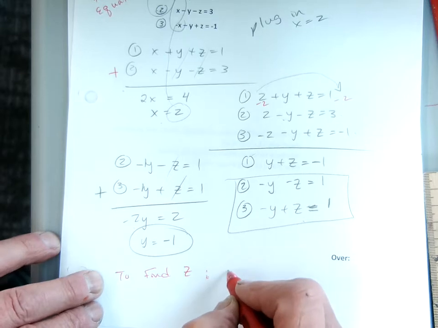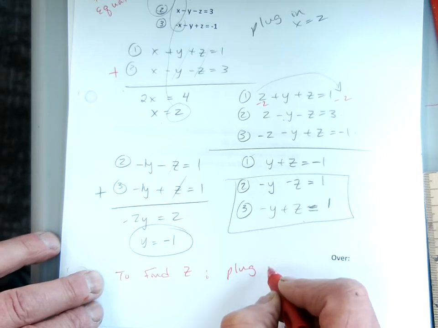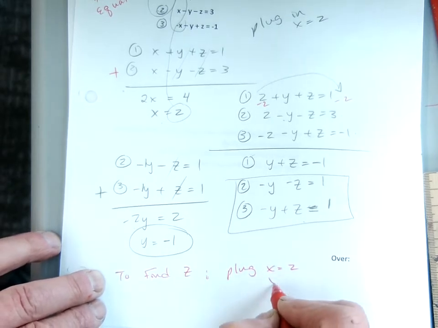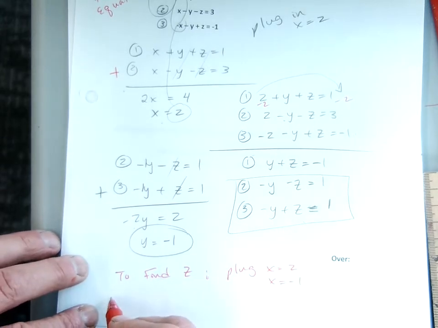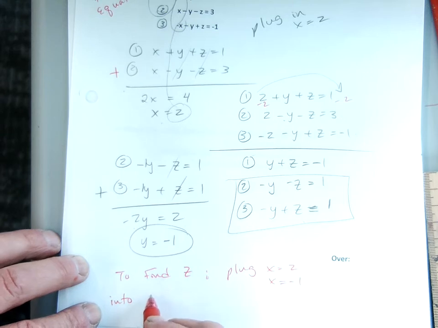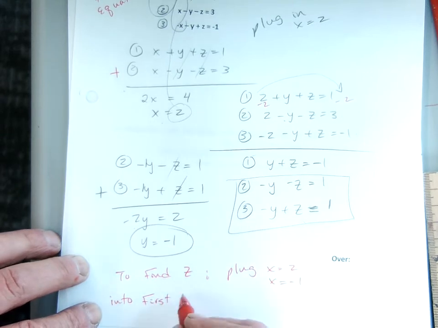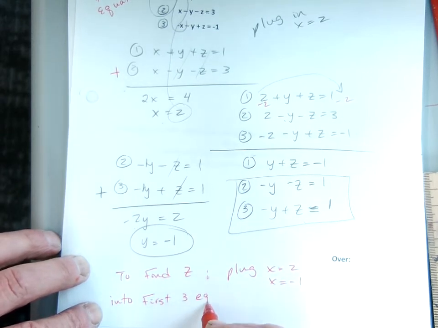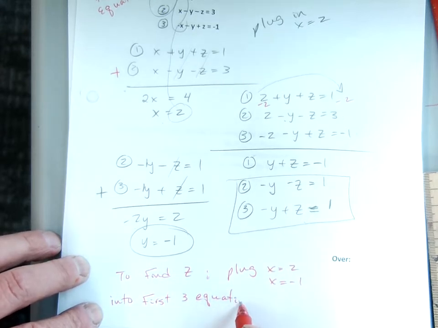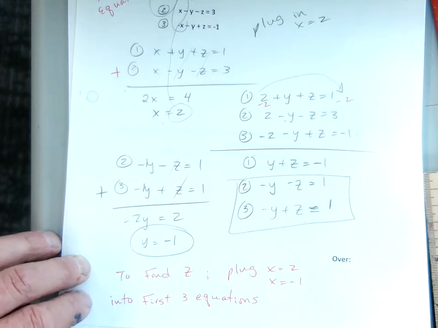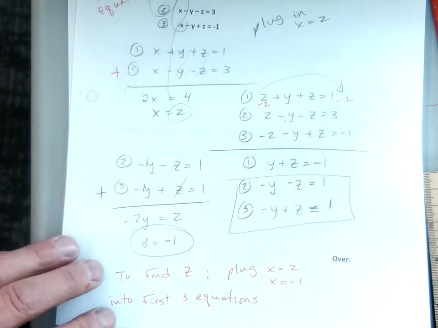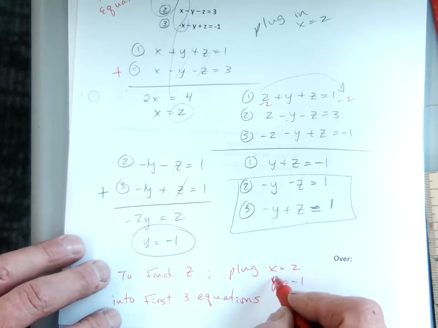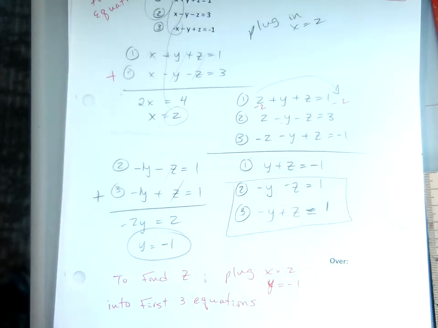We're going to plug x equals 2 and y equals negative 1 into one of the beginning first 3 equations. Question? You mean y equals? Yes, did I? Yes, yes. Thanks, Retta. Boy, I'm making mistakes today, aren't I?